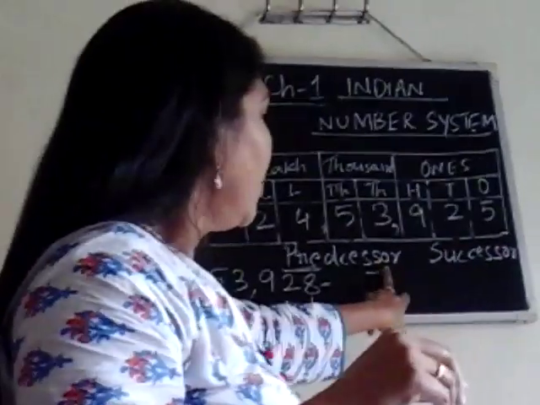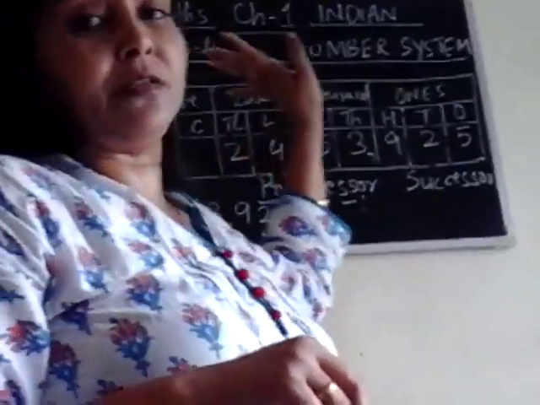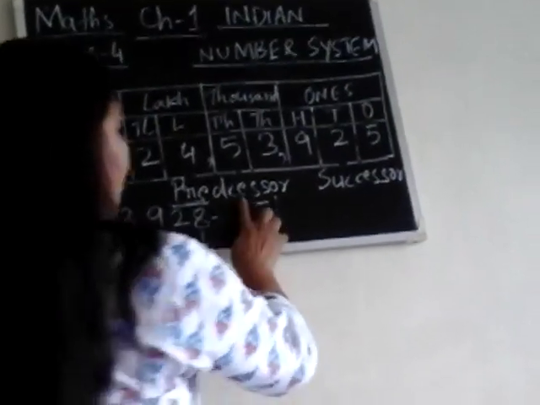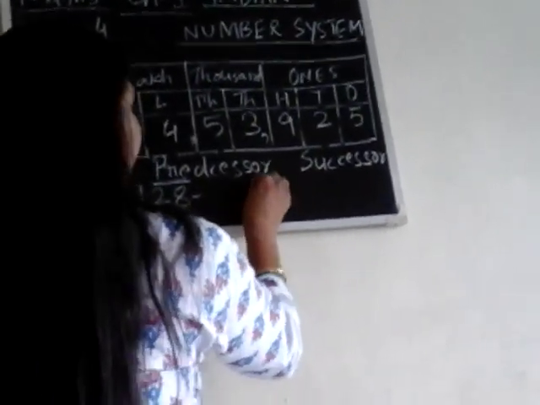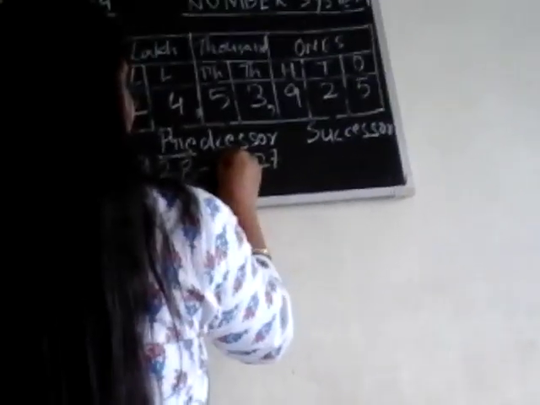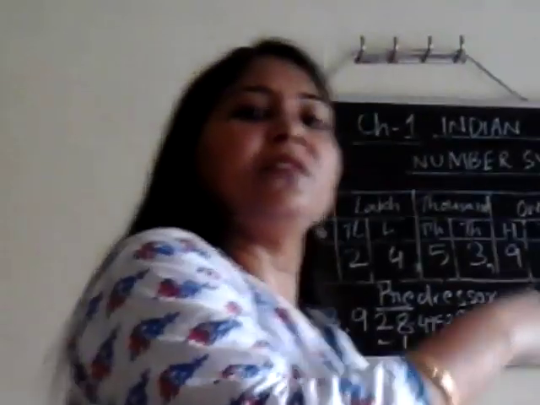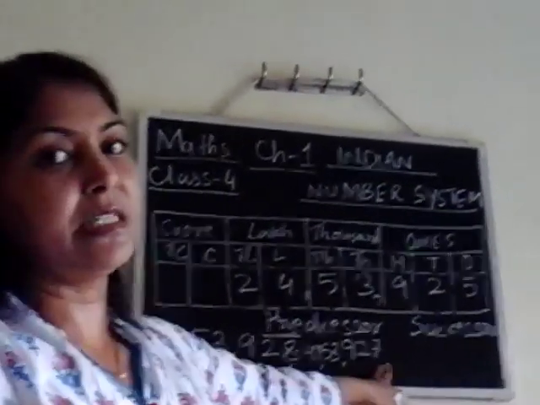So I am going to only change the number in the ones place, not in the rest of the places. Okay, rest of the places will remain as it is. So the answer over here will be 49 lakhs 53,927. Rest of the places will have the same digits, but only the ones place is going to change.